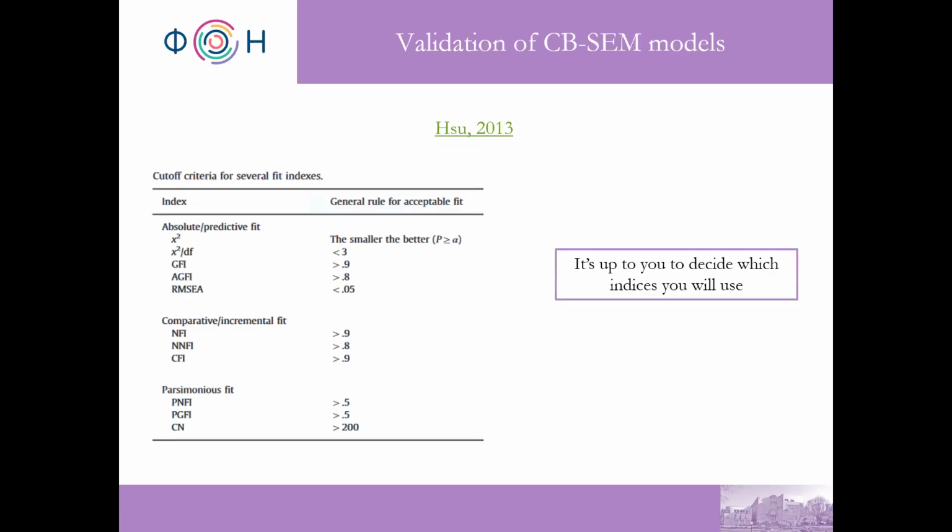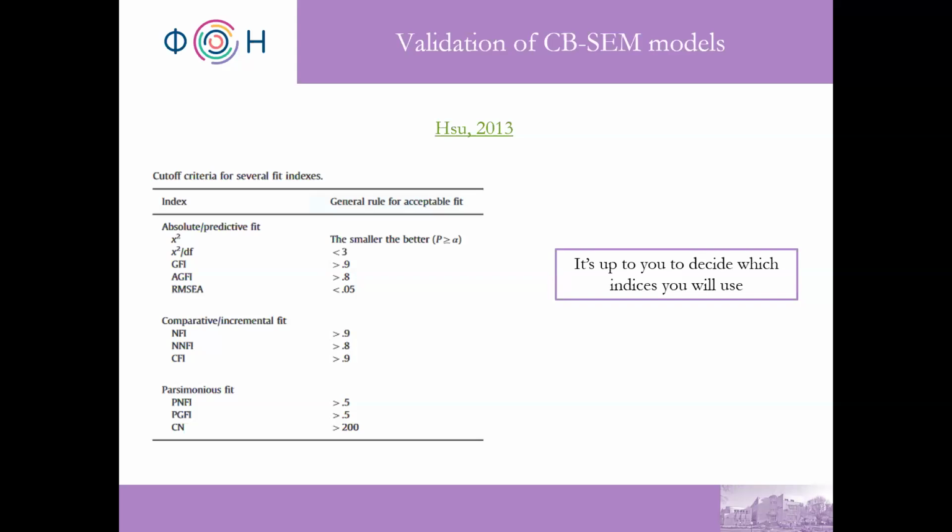But what is maybe a problem? A problem here is that there are no particular guidelines on which of these indicators you should be presenting. So in a sense, it's a little bit up to you as an analyst to choose which of the indices you will be presenting.